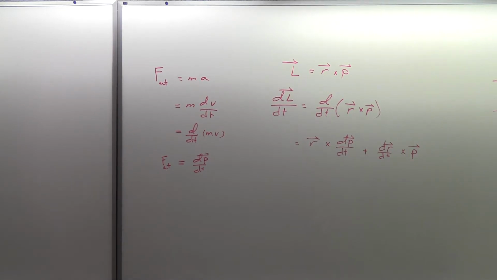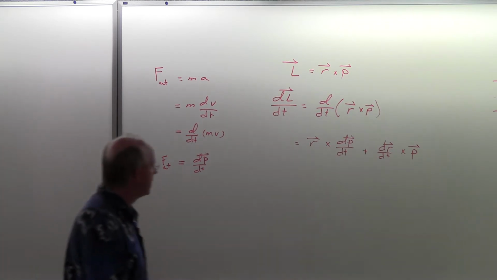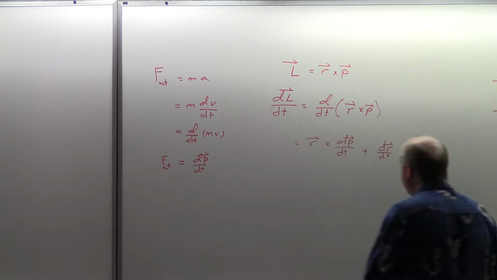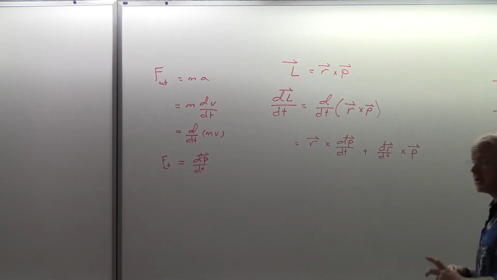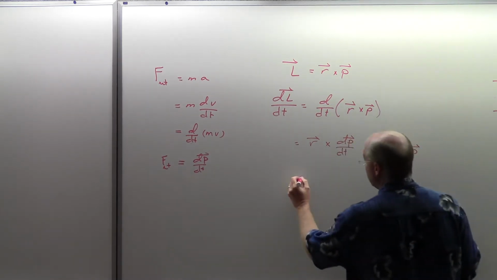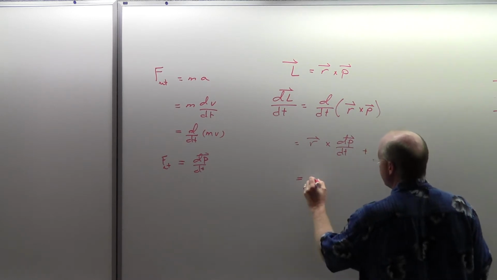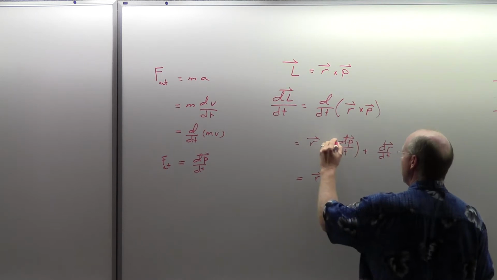And also be careful not to reverse the order, because as we saw last lecture, the cross product depends on which one you put first. If you switch the order, you switch the plus and minus sign. So I was careful not to switch the order. And then it falls into place. It still may not be quite so easy to see. I'll start here. This first term is r cross, and what would you call that?